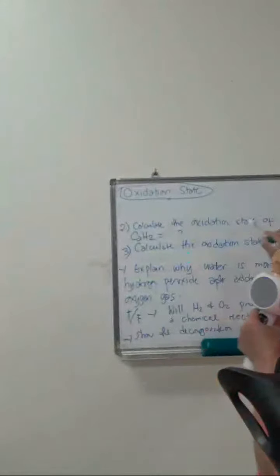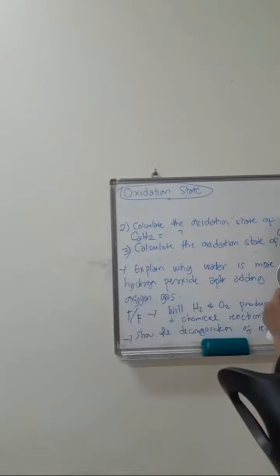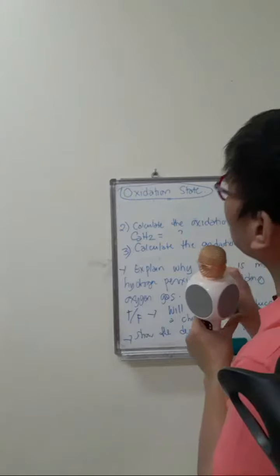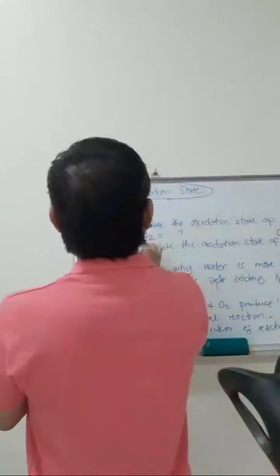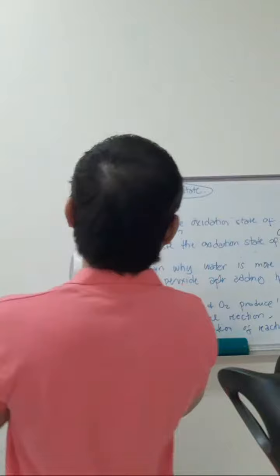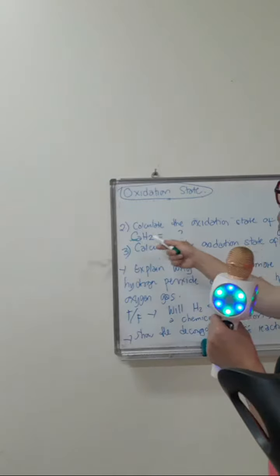Okay, number 2. Calculate the oxidation state of hydrogen. It's hydrogen, guys, sorry. Hydrogen in calcium hydride. Okay? This is calcium hydride. You will never say calcium dihydrogen because this is an ionic compound, not a molecular compound.